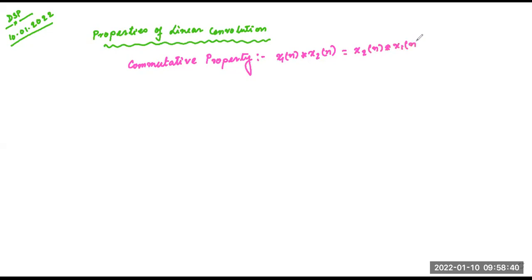Now this is very important. I told you this is the convolution operator, not our multiplication. So what does this mean?